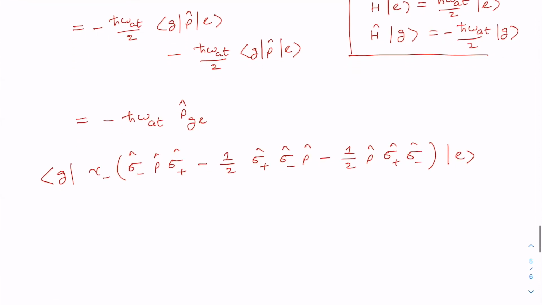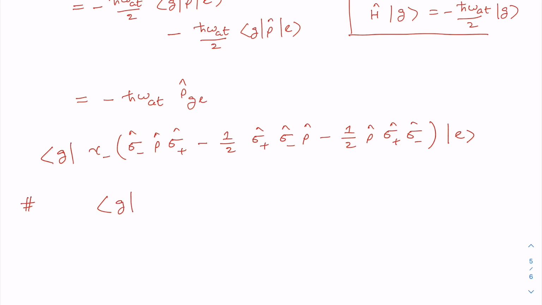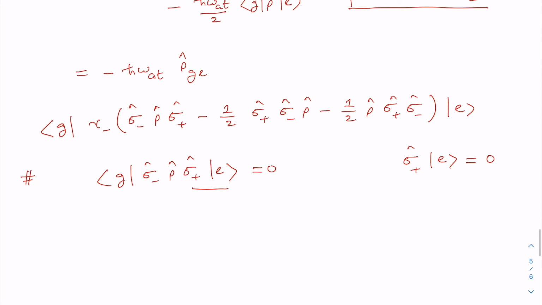Let us do it term by term again. So first of all, this one, Z sigma minus rho sigma plus E, as you can see, would be equal to 0, because when sigma plus operates on the excited state, there is no more excited state to raise it to, so this is going to give us 0. Then let us look at this term now.